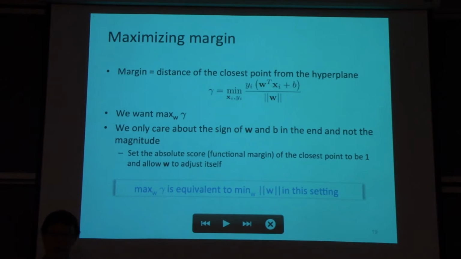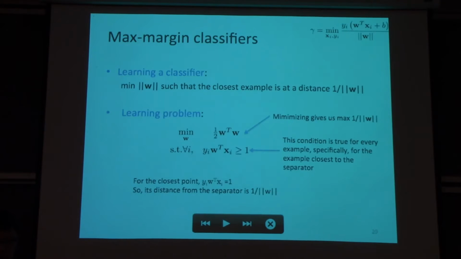Questions so far? This is what we covered in the last lecture. This is the formulation of the problem. We minimize the norm of the weight vector, W transpose W, subject to the constraint that y_i (W x_i + b) is greater than or equal to 1.